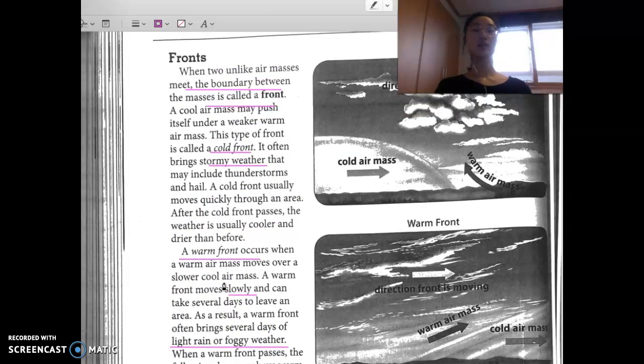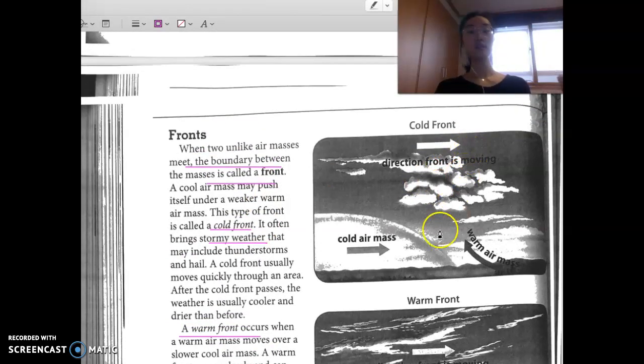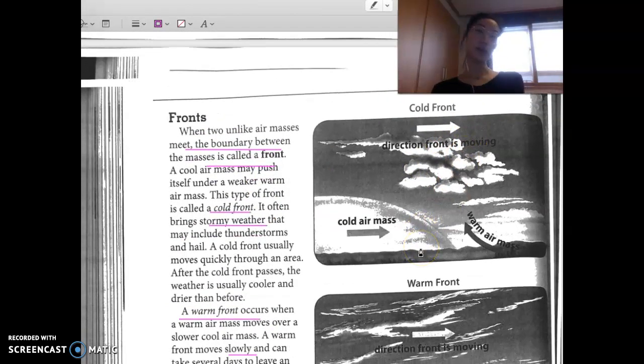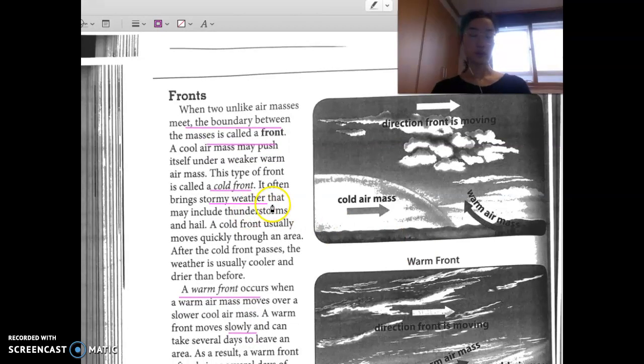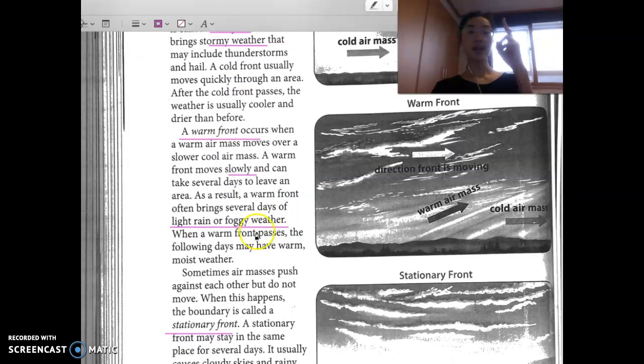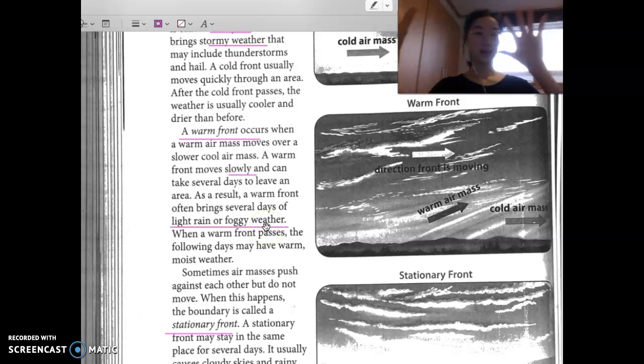So we've got three different types of fronts. The cold front usually moves quickly, and when it leaves, it leaves cooler, drier weather. It can bring thunderstorms and hail. Second, the warm front moves slowly, and it usually brings light rain or foggy weather. It becomes kind of foggy, you can't really see.